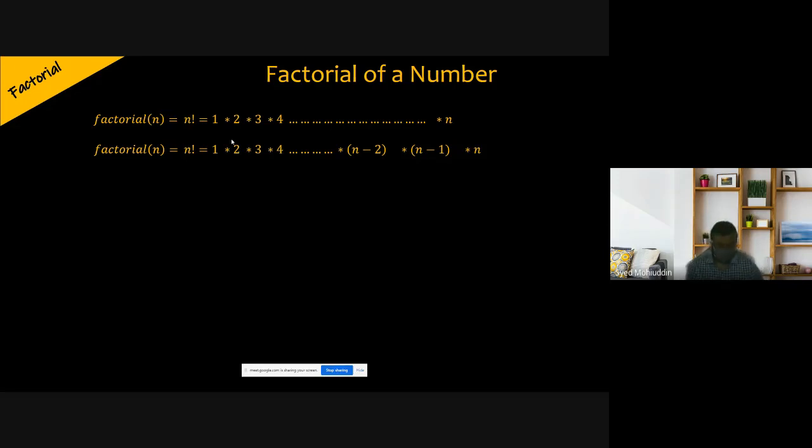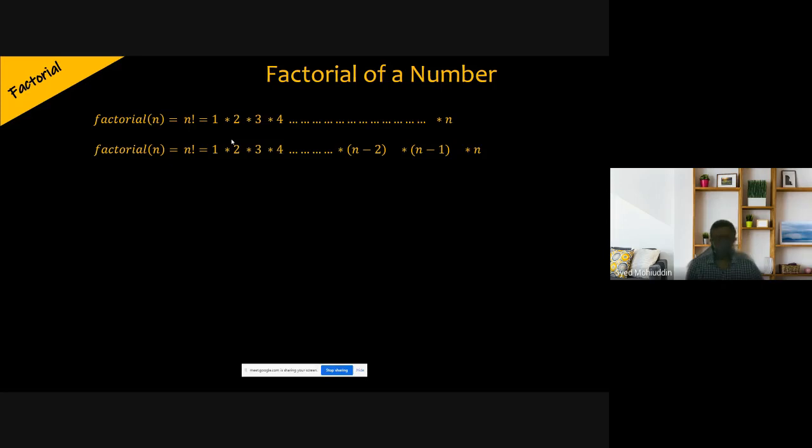So we have not done anything new. What we just did is add a few more terms at the end, that is, n minus 2 multiplied by n minus 1 multiplied by n.